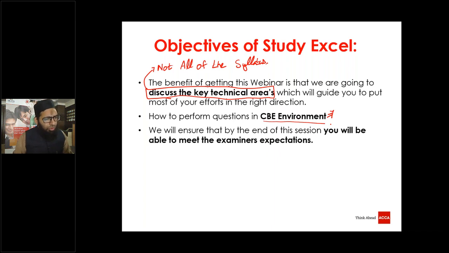We will also ensure that by the end of this session, you will be able to meet the examiner's expectations, which is very important. If you want to pass F5 or any ACCA exam, you have to perform in a way that meets the examiner's expectations.